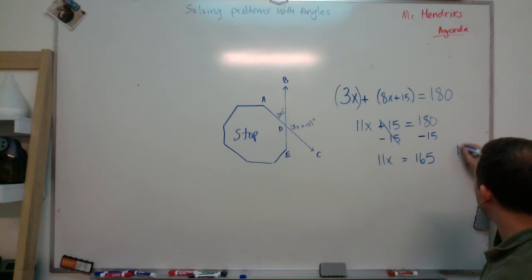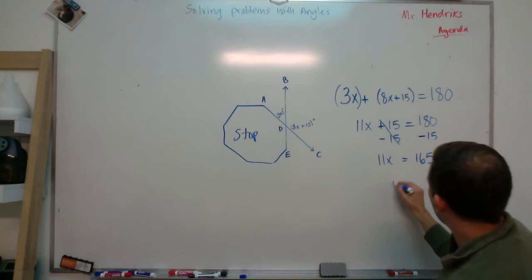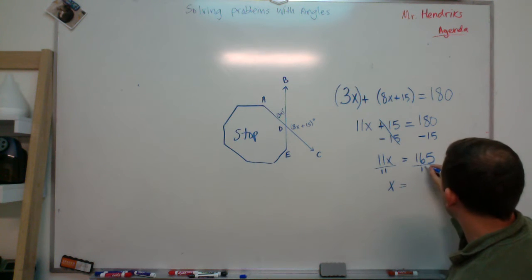We could use a calculator for this too. Yep, 15. Okay, so x ends up equaling 15 after we divide both sides by 11.